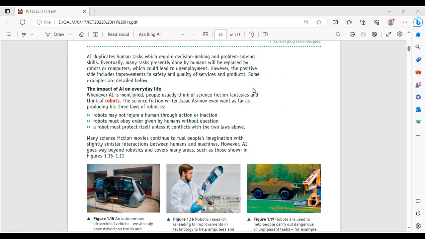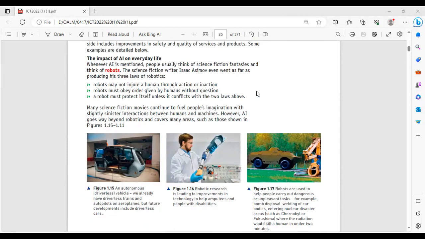There are some positives. Should I say the positive or the negative? Both. All right. So there are many impacts on the society and humans in general by AI. There are positives, and of course, with everything comes its negatives.